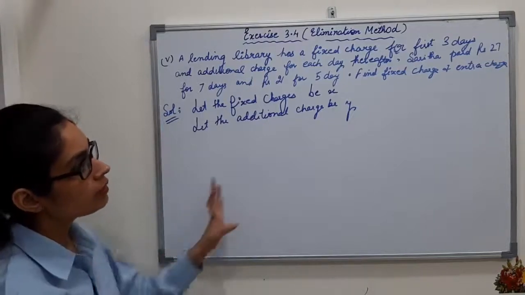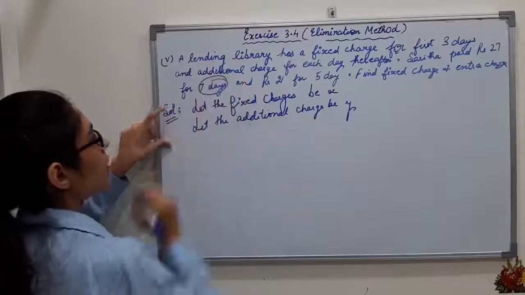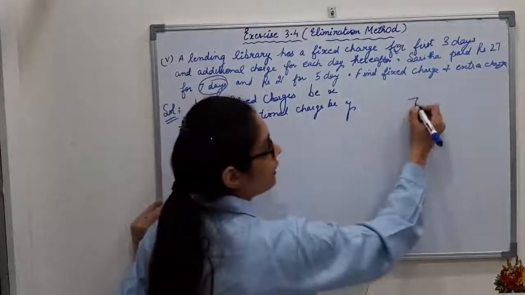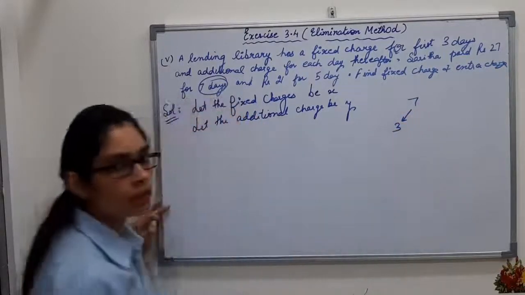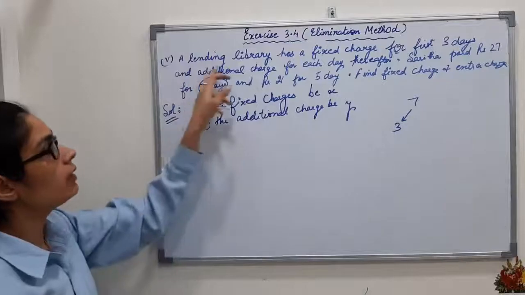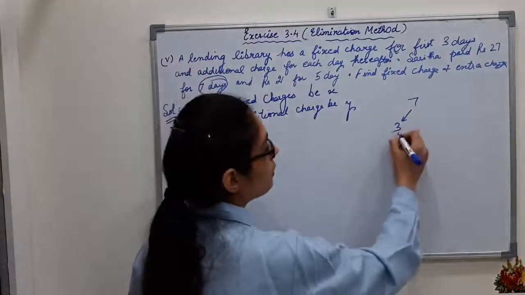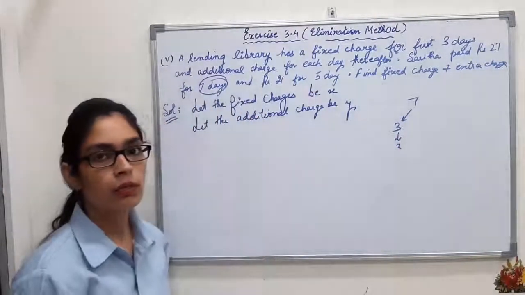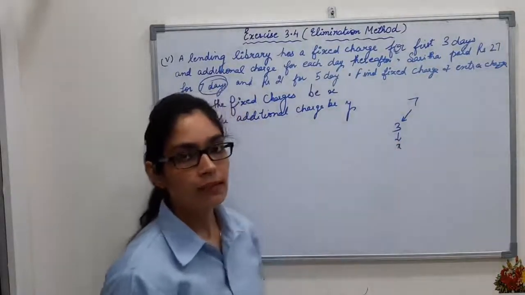For 3 days it's fixed. So first she paid for 7 days. Out of 7, 3 days were fixed charges. So it's mentioned fixed charge for first 3 days. This means your x will remain same. For 3 days you don't have to multiply with any number. 3 days it will be x only.